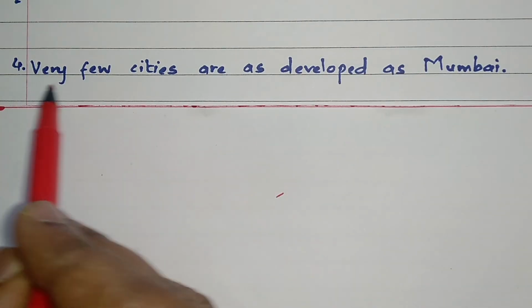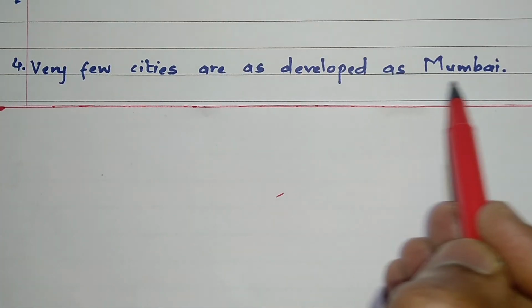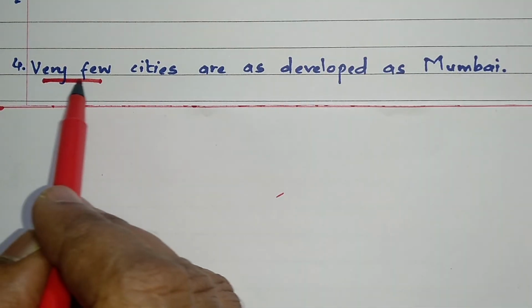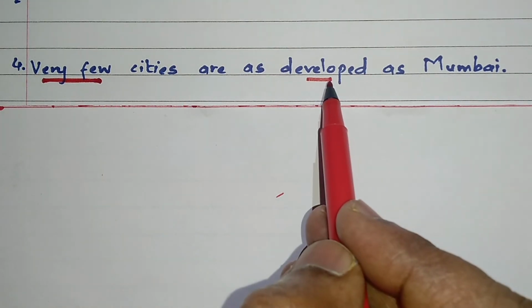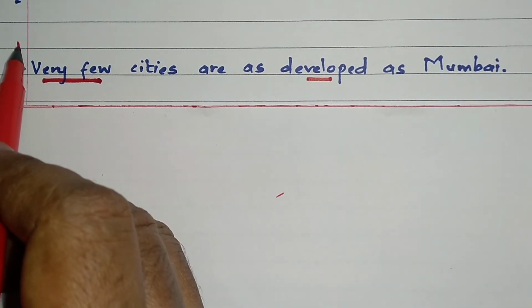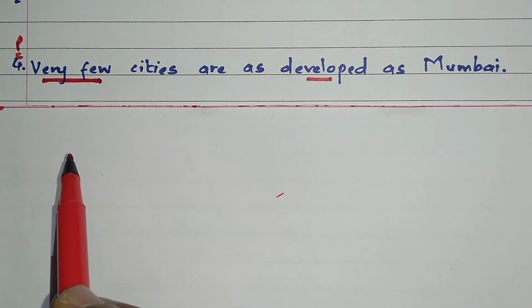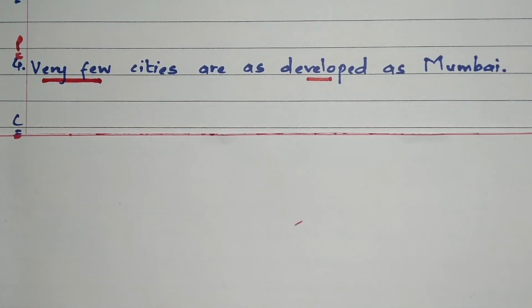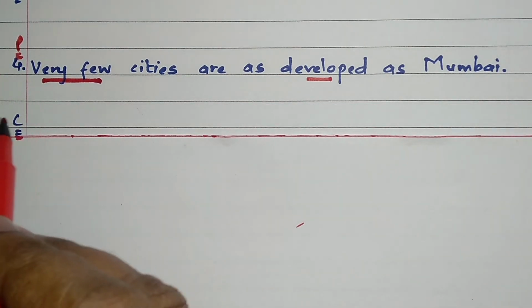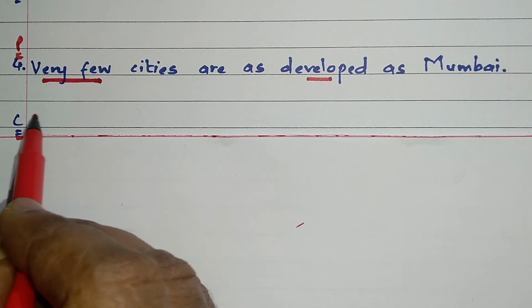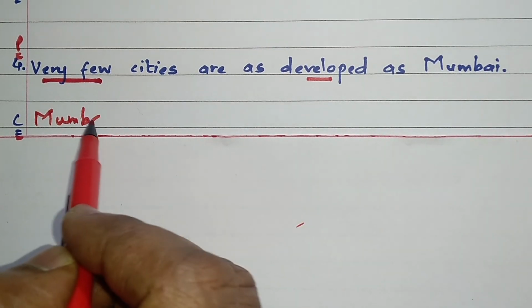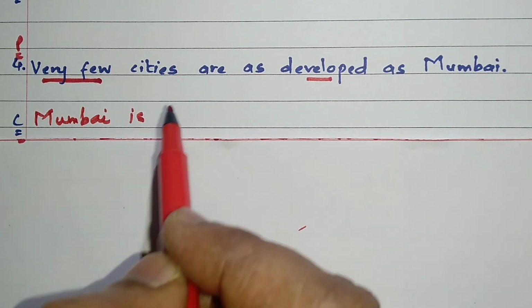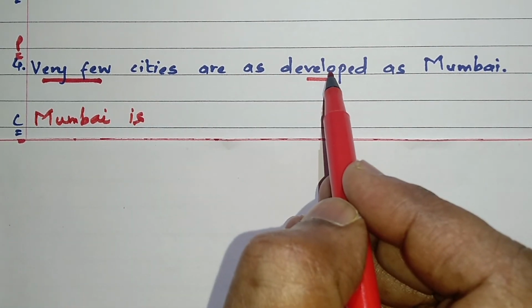Next example, very few cities are as developed as Mumbai. Here, the question begins with very few, and moreover, the adjective is developed, which means the question is a positive degree sentence. So we will have to frame the comparative and superlative degree. Let's begin with the comparative degree first. We'll say Mumbai is. Developed is the positive degree.